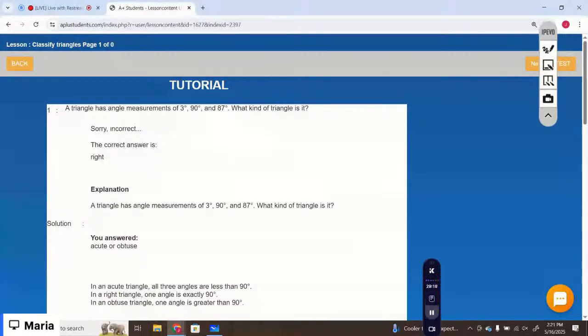What kind of triangle is this? So we are given the angles 3, 90, and 87. So what kind of triangle is it?